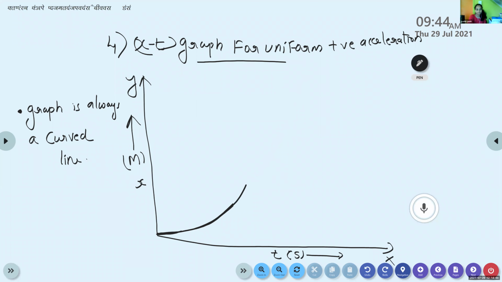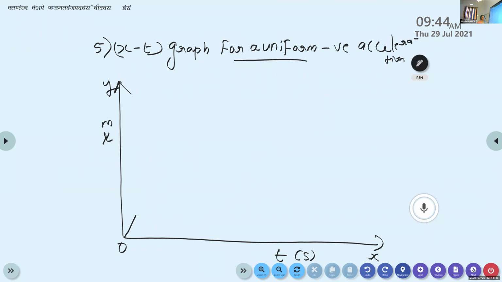Okay, ma'am. Now the next case, position time graph for a uniform negative acceleration. Initially, the position of an object changes, but finally it reduces its speed, so the graph will be like this.